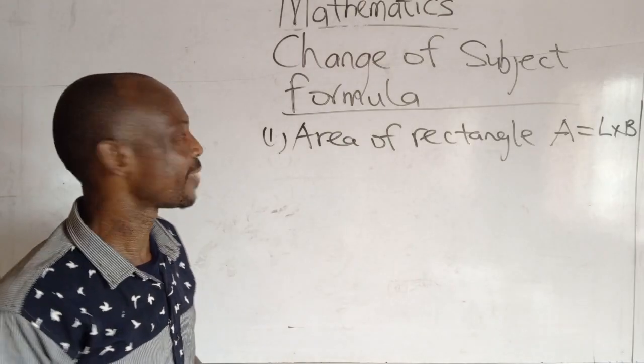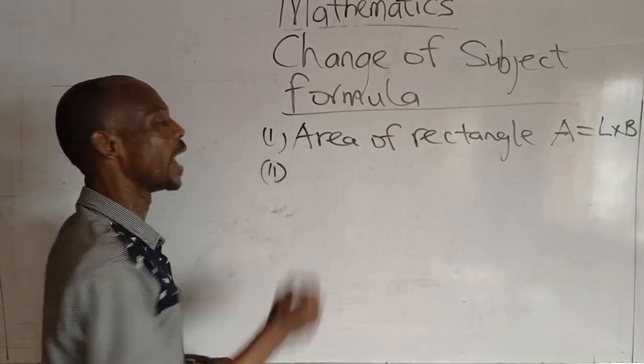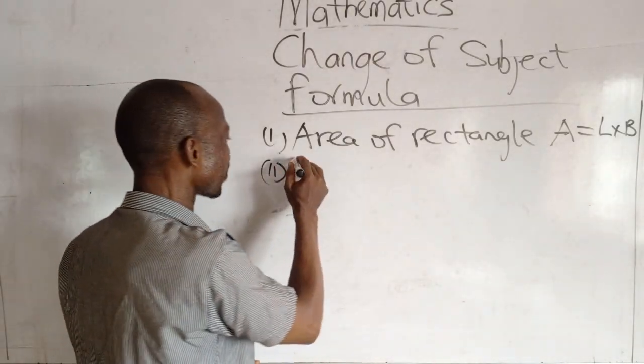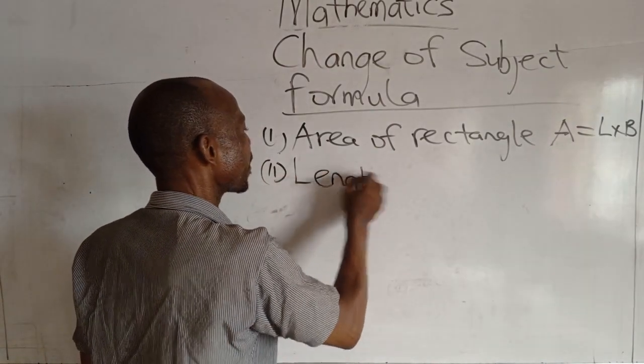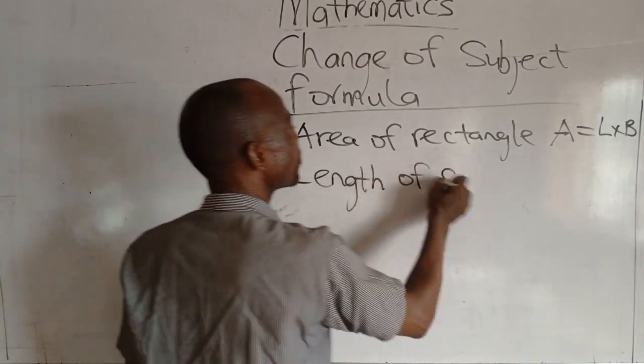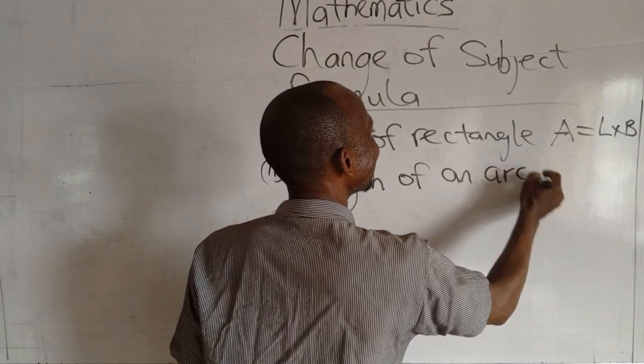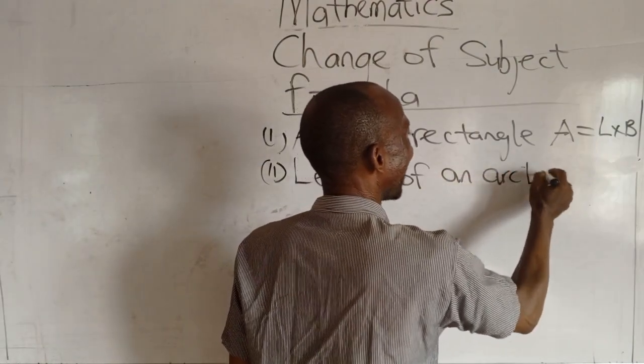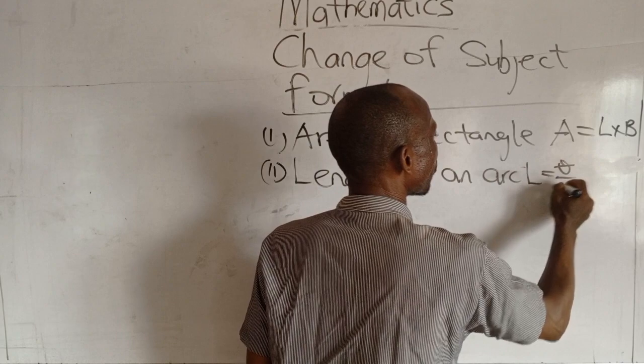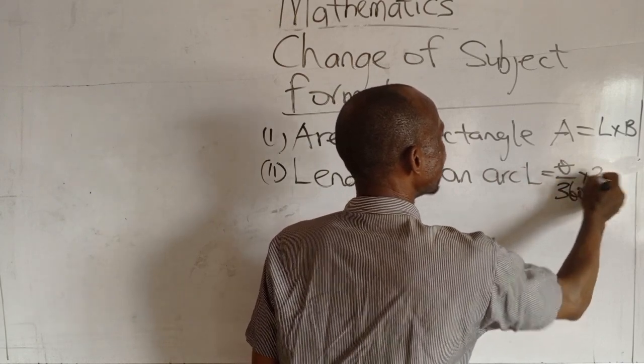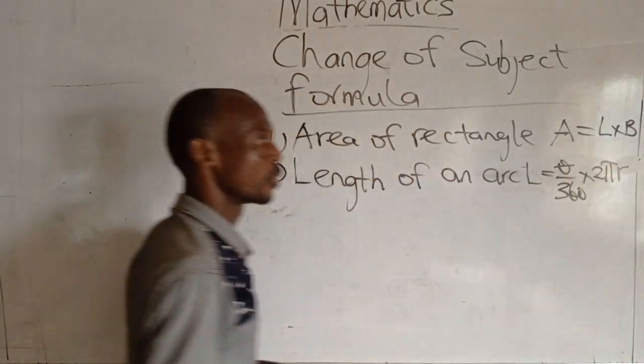We can also have another example of a formula. The length of an arc. L is theta all over 360 times 2 pi r.